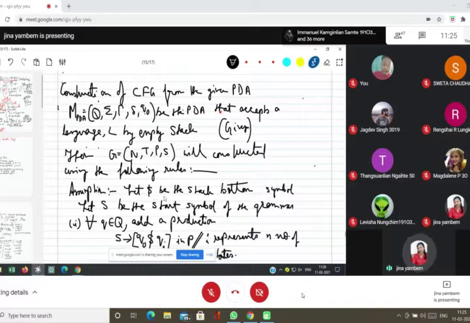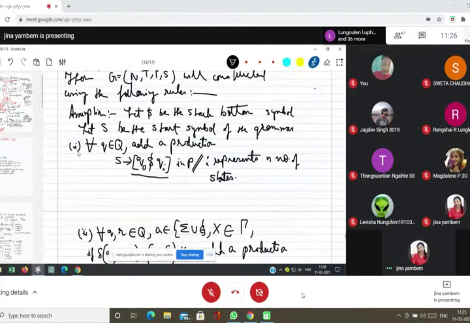First, the dollar symbol as the stack bottom symbol, and S as the start symbol. This S is the start symbol of the grammar, because every grammar needs a start symbol, just like we need an initial state in the case of a machine. The rules 1, 2, and 3 are the rules for constructing production rules from a given transition function of the push-down automata.